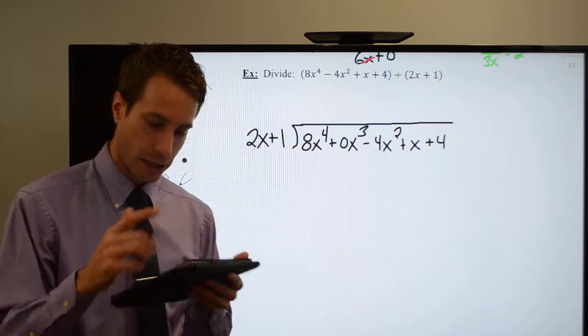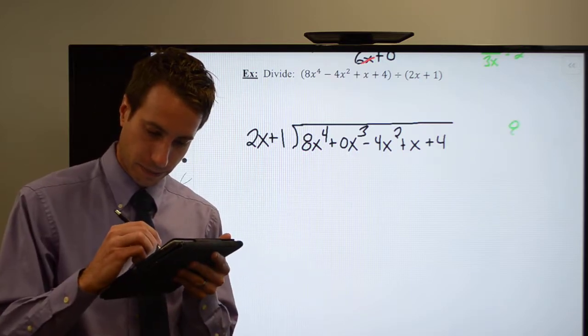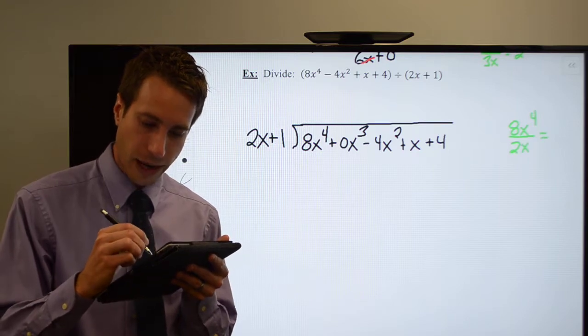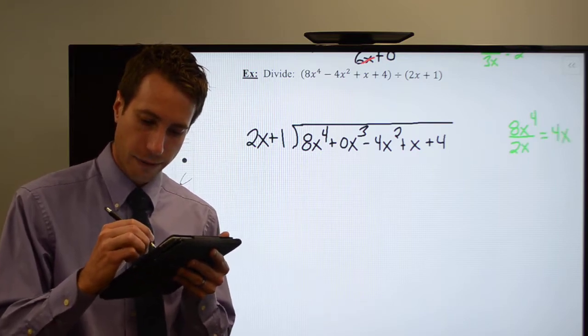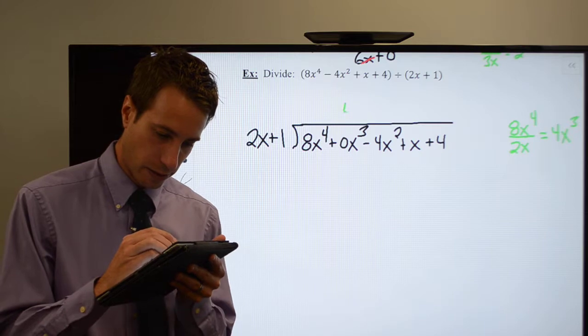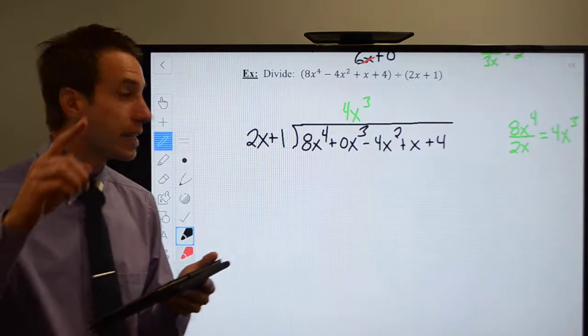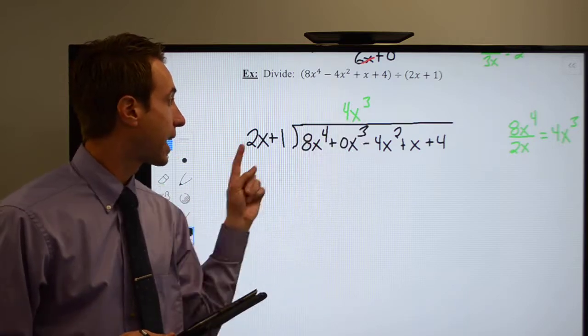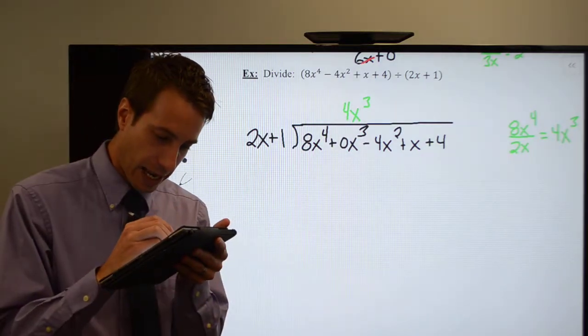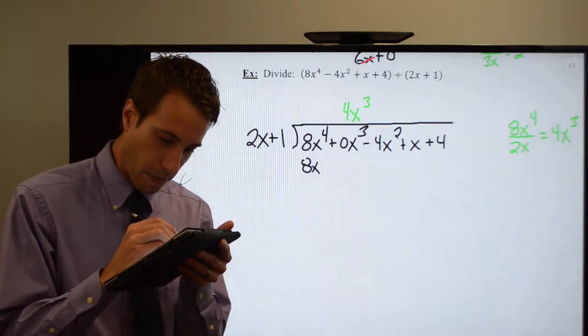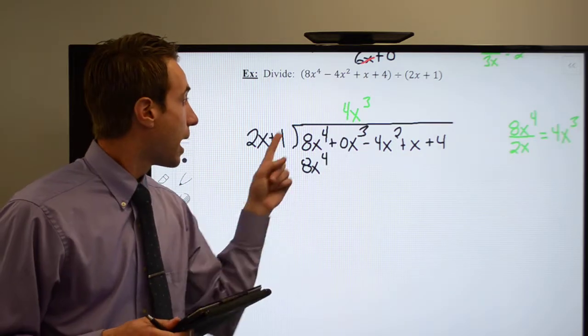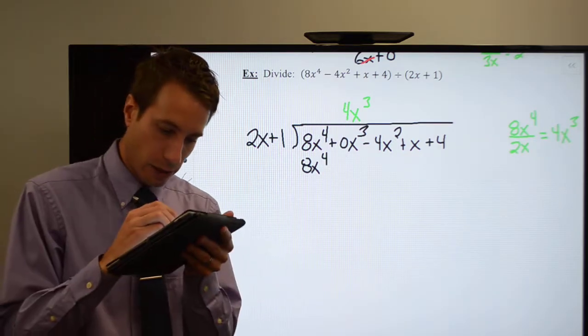8x to the fourth divided by 2x. All right, well, 8 divided by 2 is 4. I'm going to be left with an x cubed. All right, after I do the division, we then go to multiplication, which is going to give me an 8x to the fourth and then a 4x cubed.